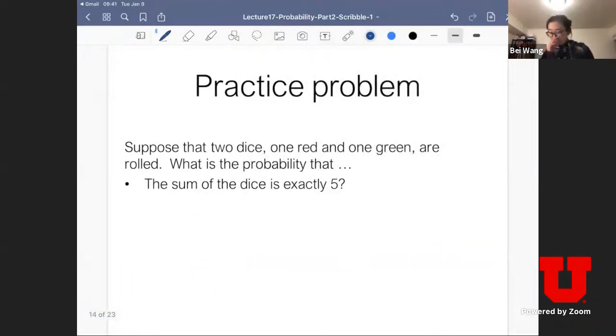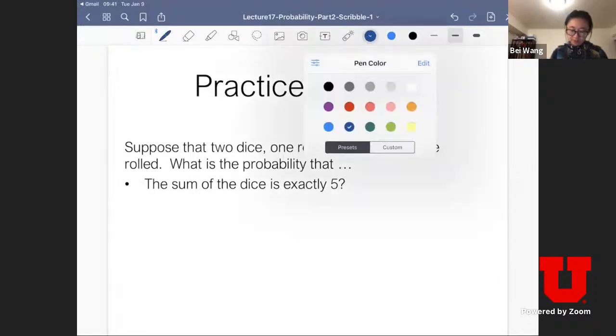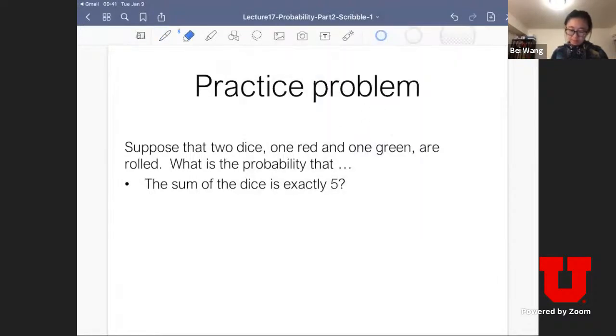Now let's look at the second problem. It says the sum has to be 5. So what are the cases? Again, I have a red die and a green die. So what are the possibilities? Let's say the red comes first, the green comes second. The red is 1, green is 4, right? So this is red, this is green.